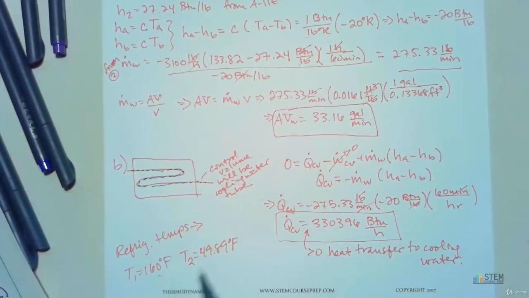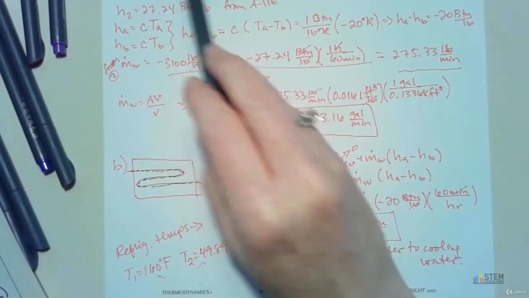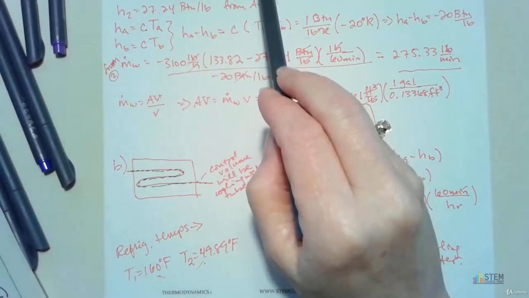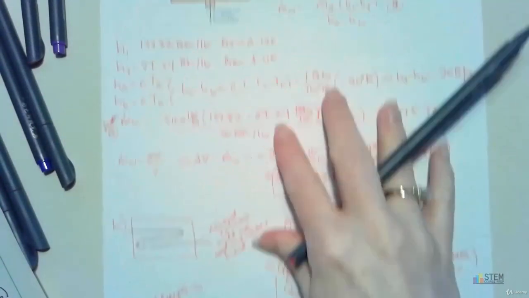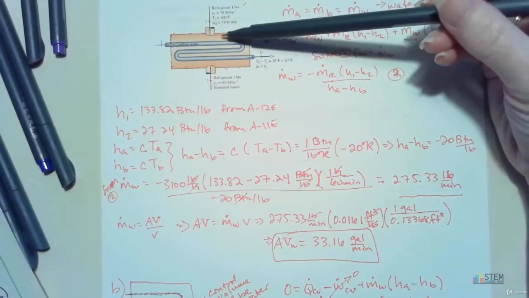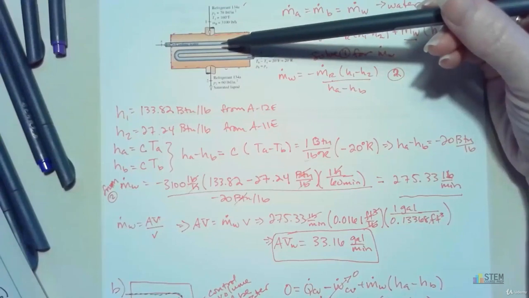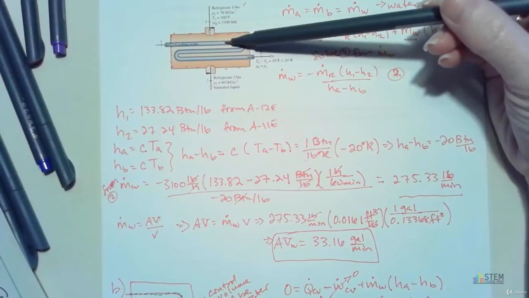Now you can see there was a pretty big decrease in temperature, and all we essentially did was run this tube of cooling water through this heat exchanger. The hot refrigerant was in contact with the cooling water, so there was a heat transfer, and we basically used that cooling water to remove heat from the refrigerant.